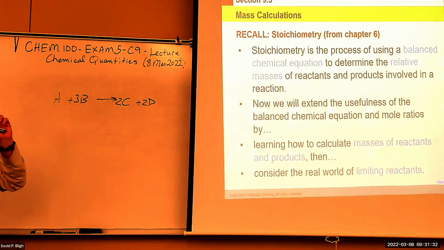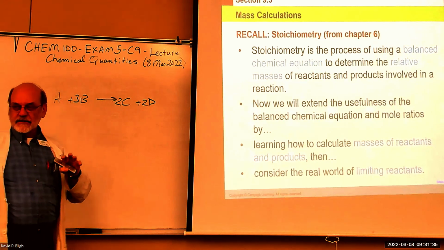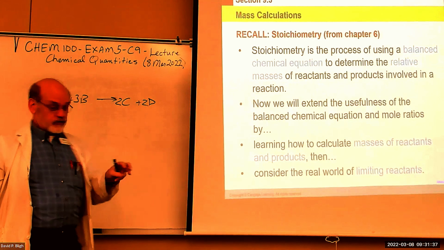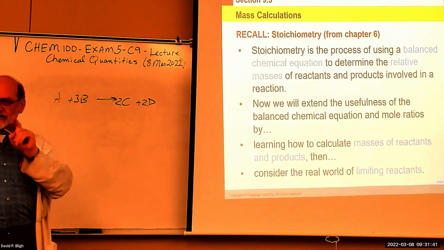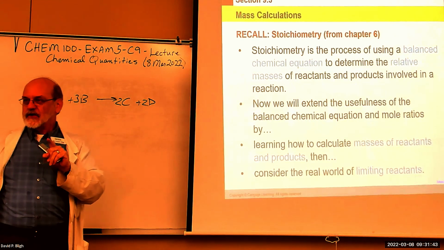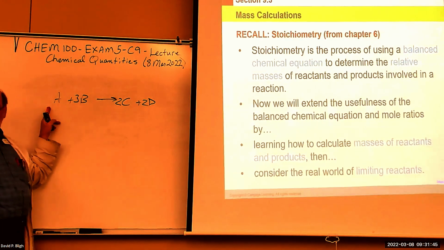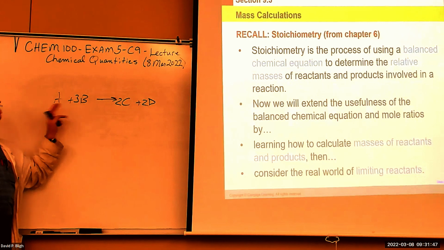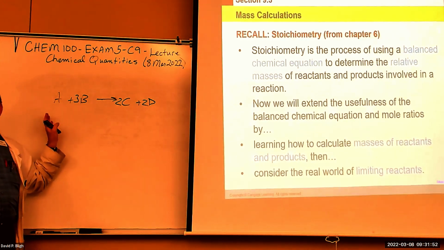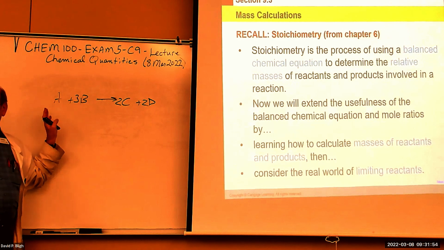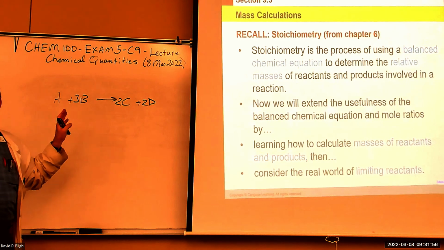And we learned early on in this class that if you're trying to measure out a mole of that, 3 moles of that, every measurement has uncertainty. So you're never going to get exactly what you think you get. One of them is going to be too much, and the other one's going to be too little. Right? That's what we call limiting reactant.